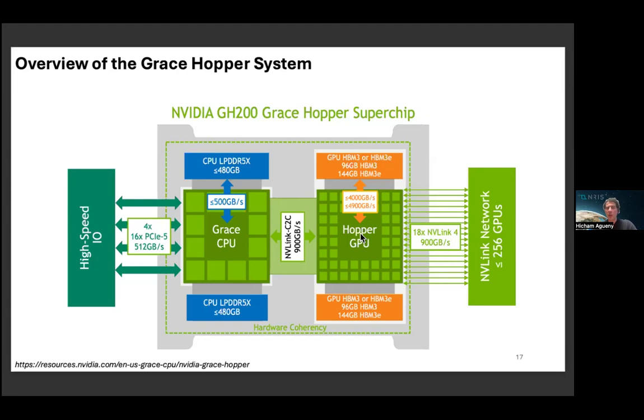On the other hand, we have the GPU Hopper. The GPU Hopper comes with memory up to 144 gigabytes and a bandwidth of up to 4.9 terabytes per second. The GPU also comes with the ability of connecting multiple GPUs in a system, up to 256 GPUs.